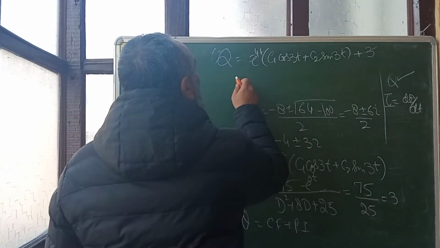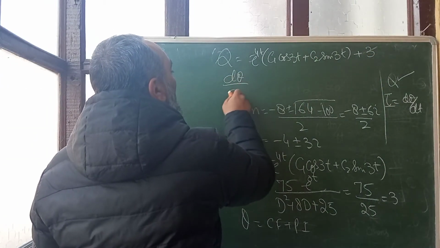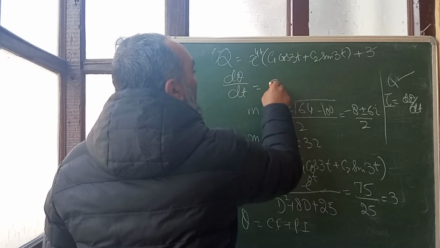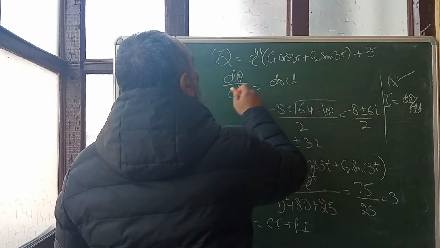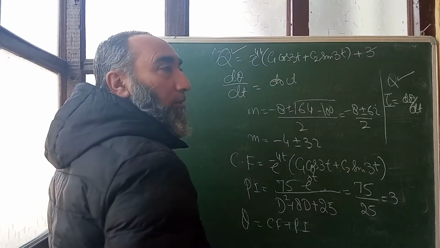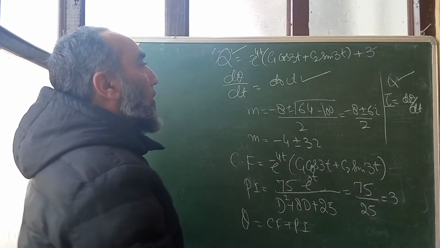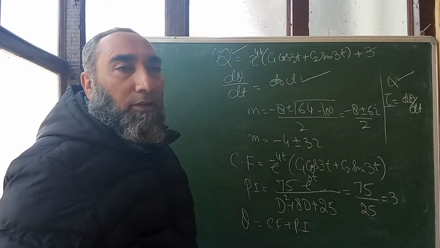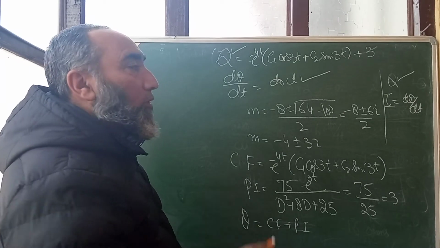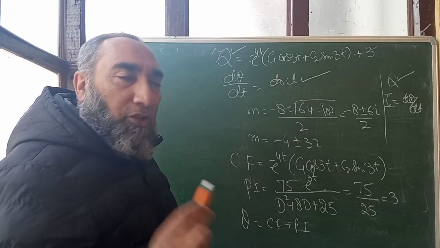You can always find dq by dt. Do it. So this is the charge on the capacitor and the current in the circuit at some point t which is greater than 0.